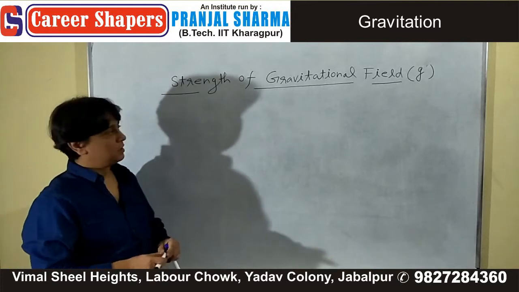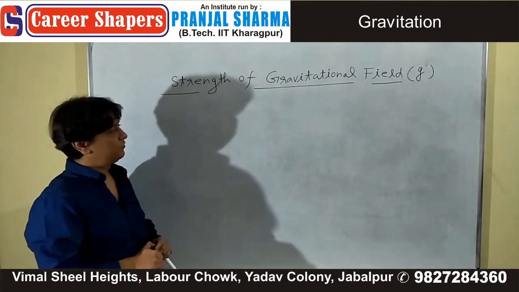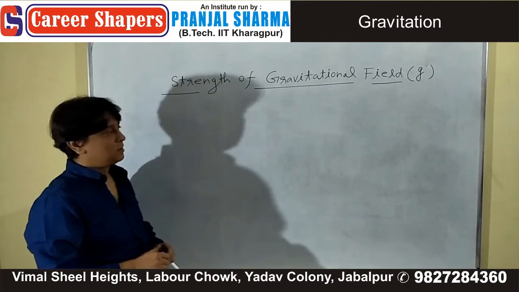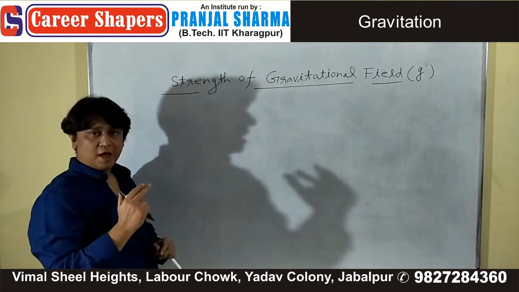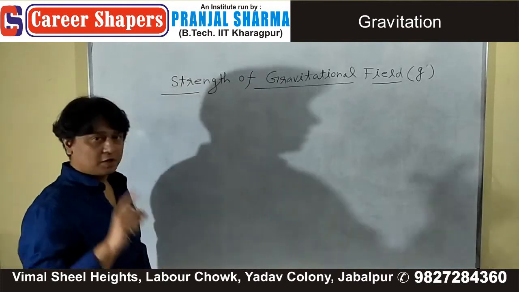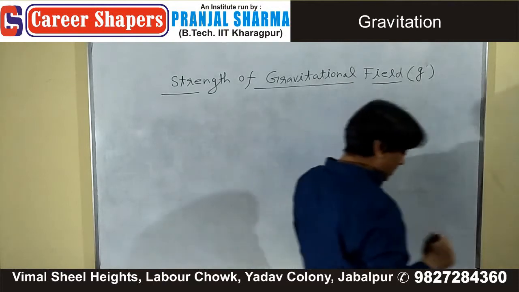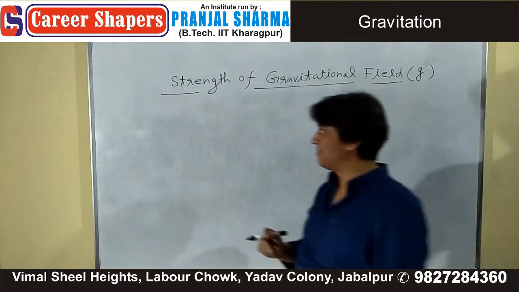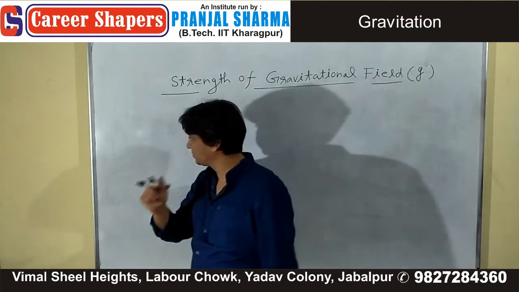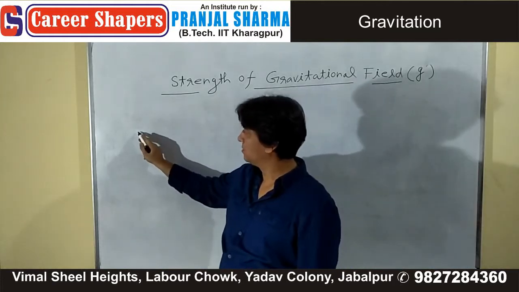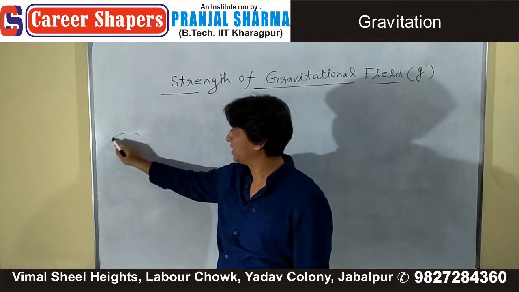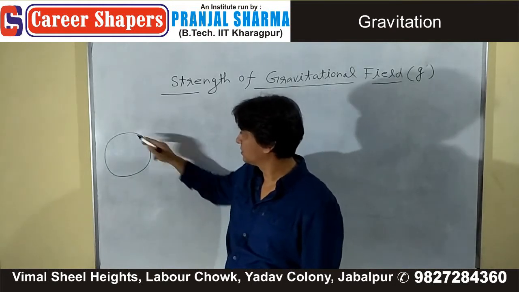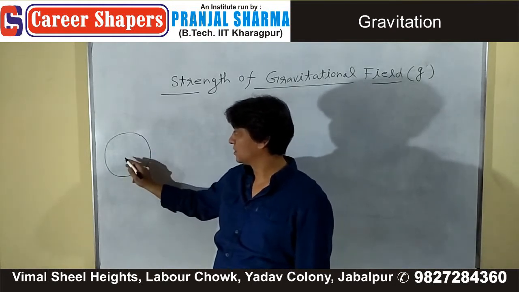Let's find out gravitational field of Earth above and below the surface. Write down the heading: Gravitational field of Earth above and below the surface of Earth. This is Earth.